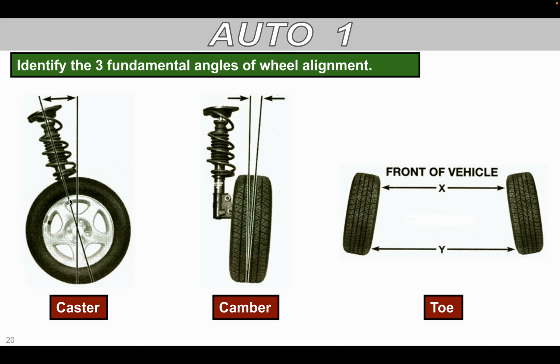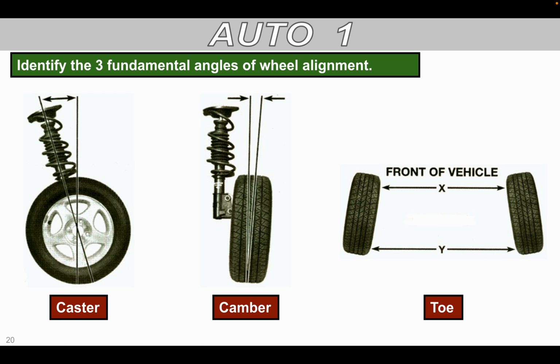All right. Here are the three fundamental angles of wheel alignment. You need to know their name. You need to know what they look like. You need to know what angle you are looking at in order to view these angles. This slide is packed full of information. I would suggest that you draw some of this to make life faster and easier for you to remember.